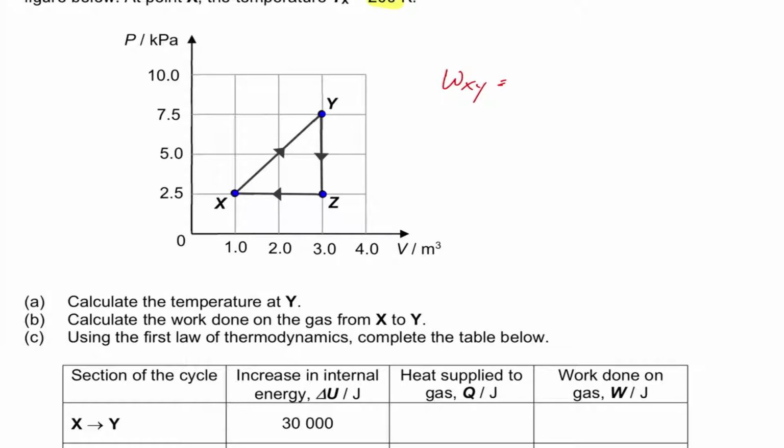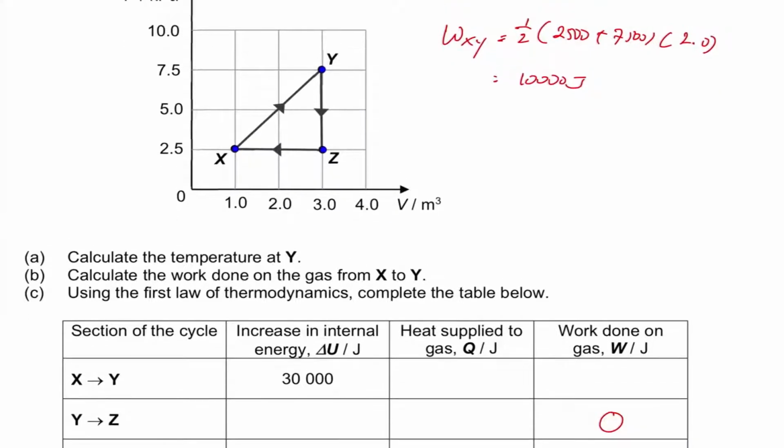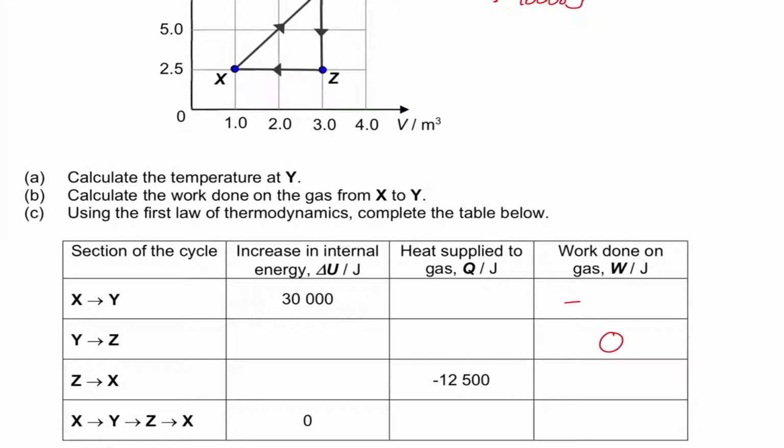Wxy is equal to, we use a trapezium, so this is half times 2500 plus 7500 times 2.0. Okay, and the work done here is equal to, let me see, 10,000. Yeah, so this is 10,000 joules, the magnitude. Since this is an expansion, this will become negative 10,000 joules.